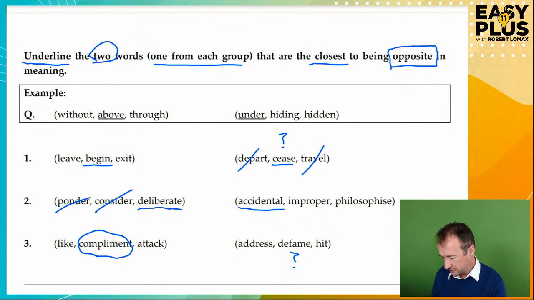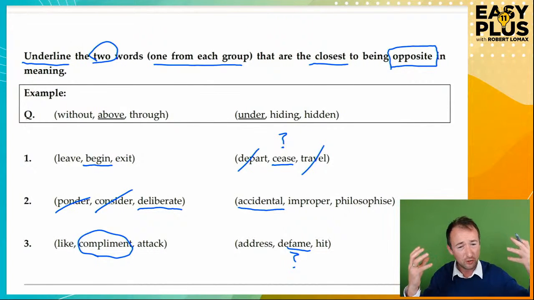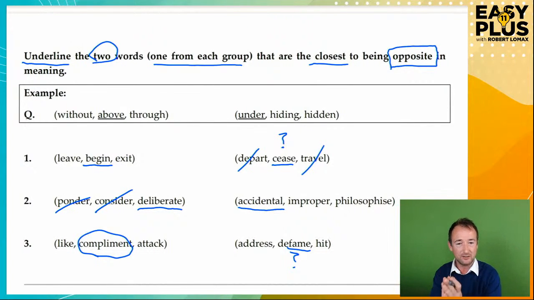Okay, is there anything that goes out? Address, no. Hit, no. Defame, we're not quite sure about. But let's think about the word defame. What's it got in it? Fame. What is fame? It's when you're well known, when you have a reputation. So de- is a negative.